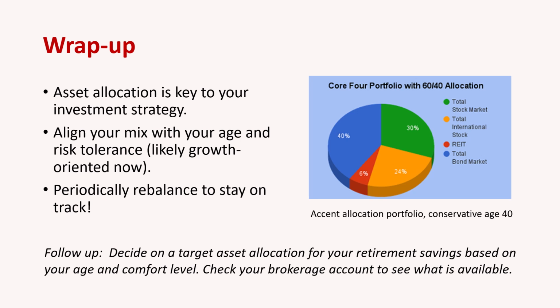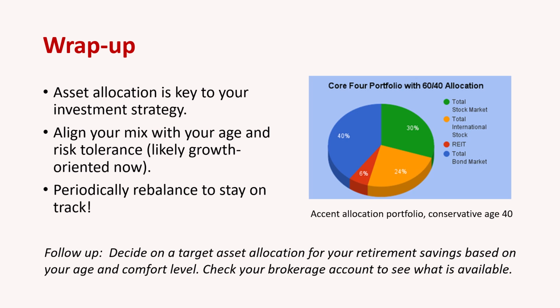For most young adults, this probably means that you're going to pick growth-oriented stocks. And finally, periodically rebalance to stay on track. This ensures your portfolio continues to match your goals and risk comfort.